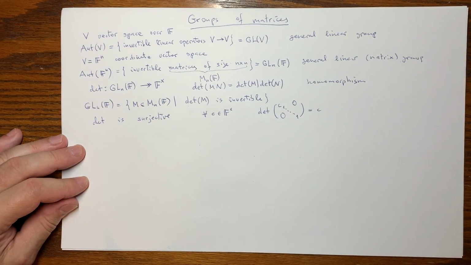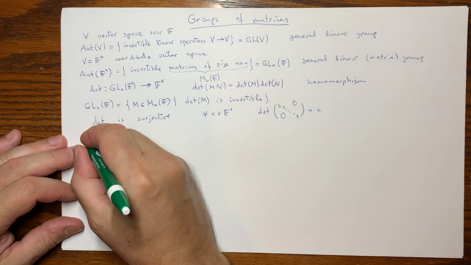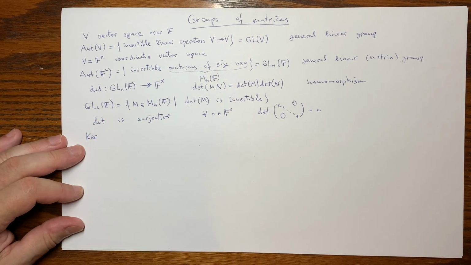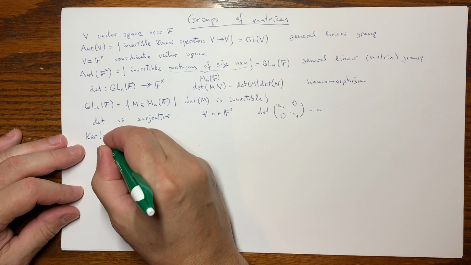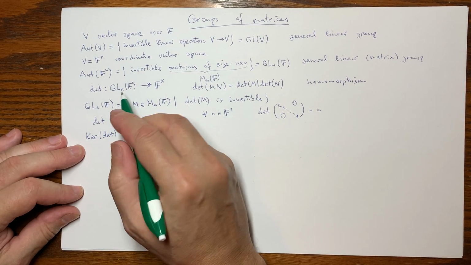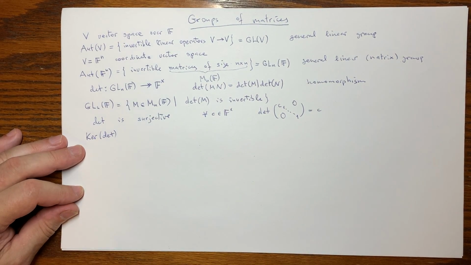In terms of graphical notation, it's just a double arrowhead for the arrow of the homomorphism. And we can look at the kernel. The kernel, in general, for say the size of matrices being bigger than 1, is going to be non-trivial.